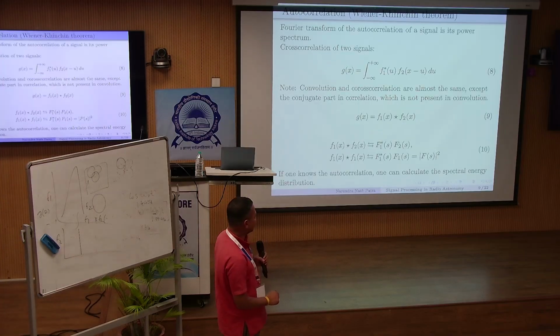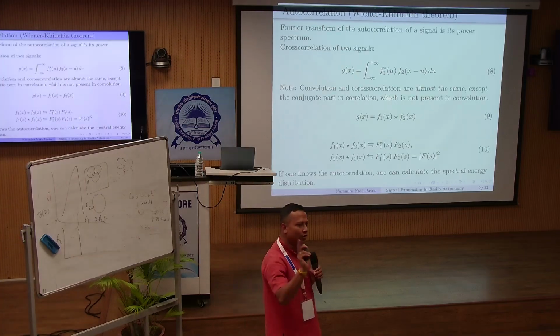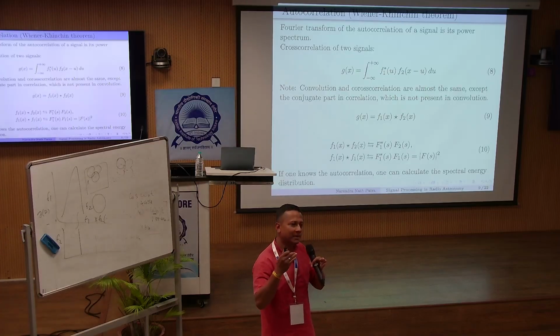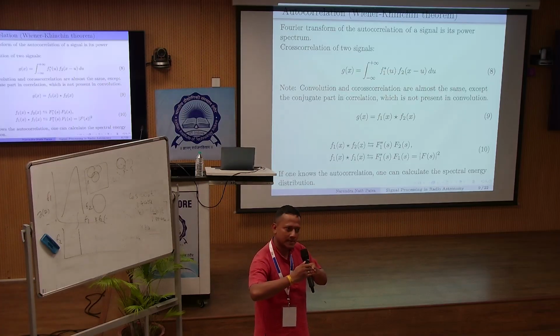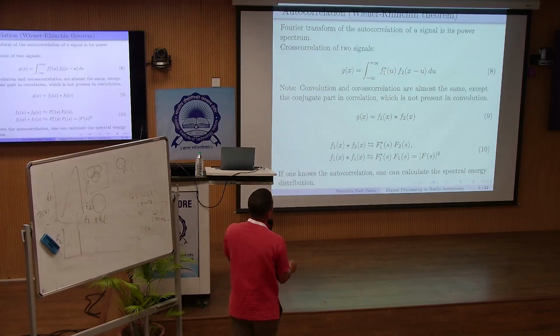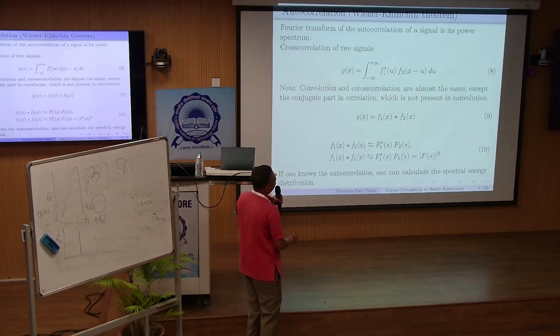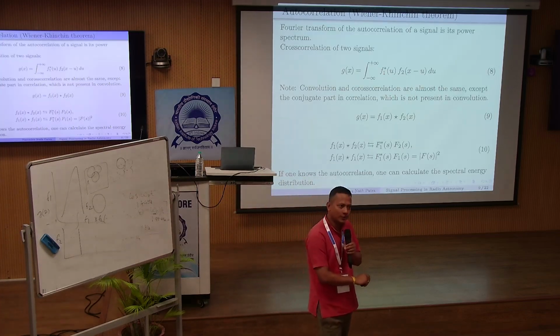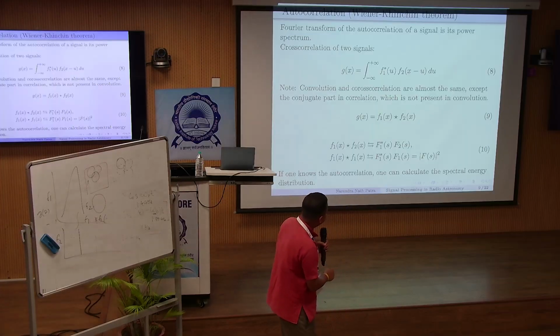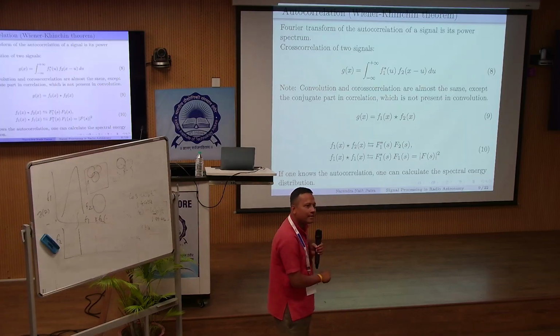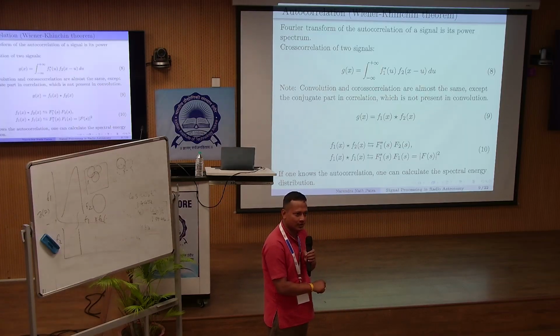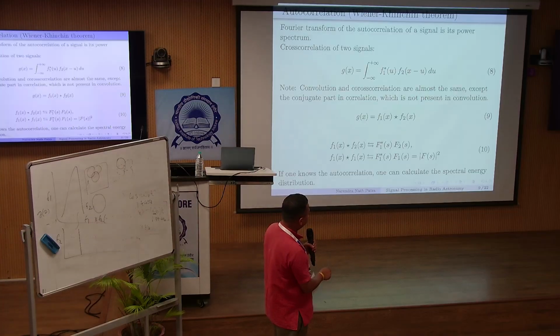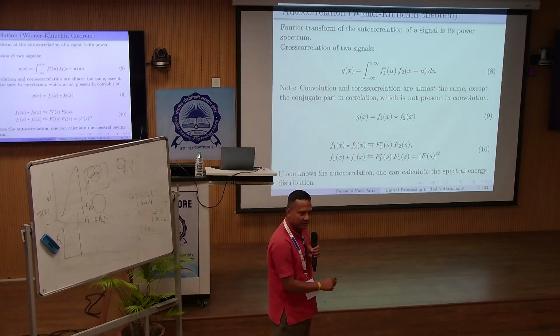Then correlation. Correlation is basically multiplication of two signals, right? So I have a signal f1 and a signal f2. It is very similar to the convolution except for the complex conjugate. Here also I am shifting the signal, multiplying and integrating, but with a complex conjugate, correct?